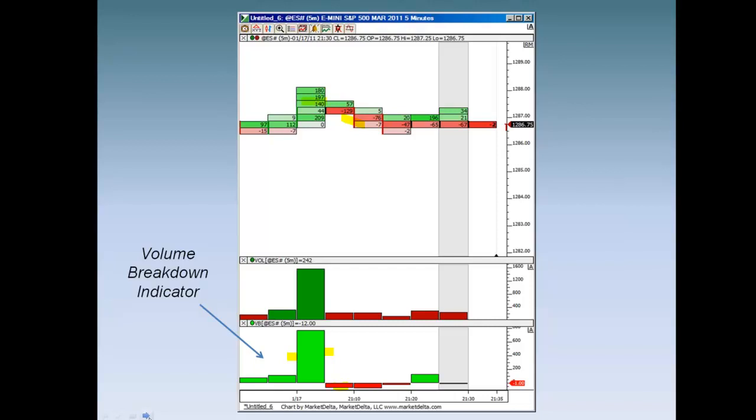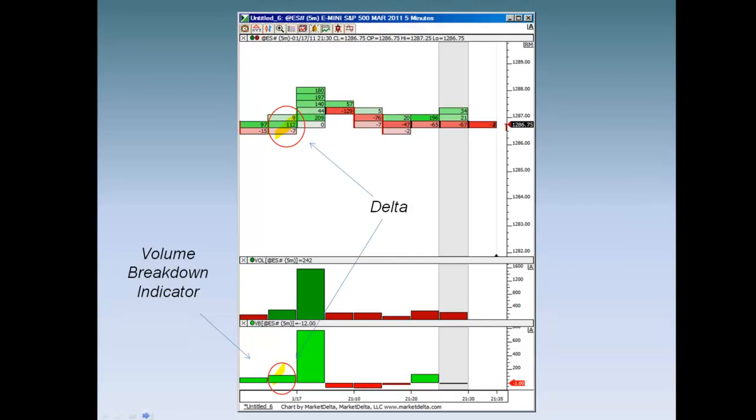So these help us to visually see what is happening in the market. All right, so the delta that you see down here is for the entire bar, not for any one specific cell. The calculation that we did was just for each cell, not for the entire bar.